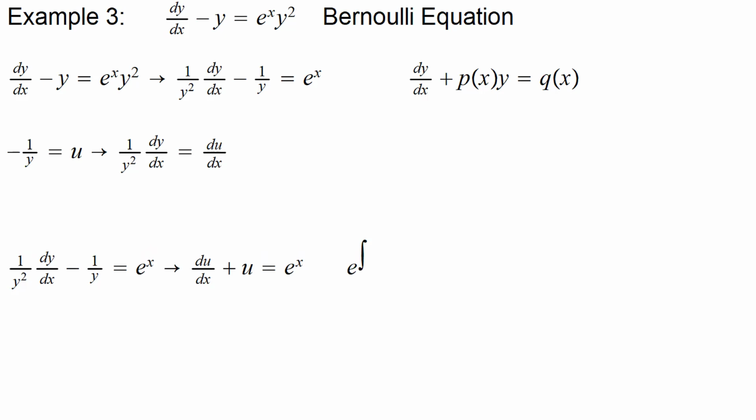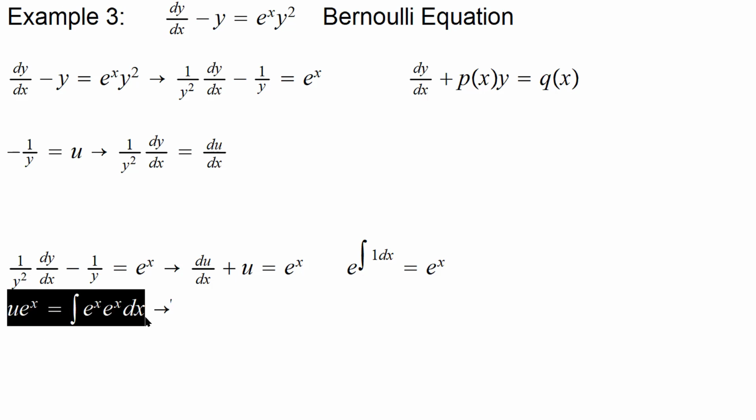It would be e to the integral of simply 1, which becomes simply e to the x. So what our solution will be if we apply our linear equations method: u times e to the x equals the integral, right-hand side is e to the x, then e to the x is our integrating factor as well, so we get e to the 2x dx, right?